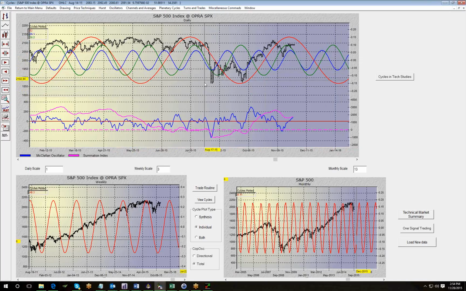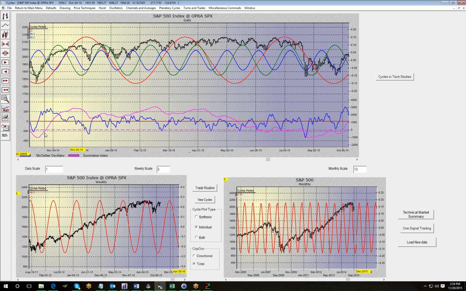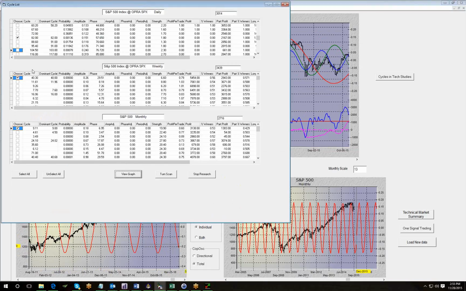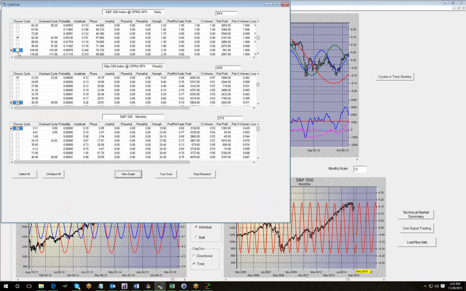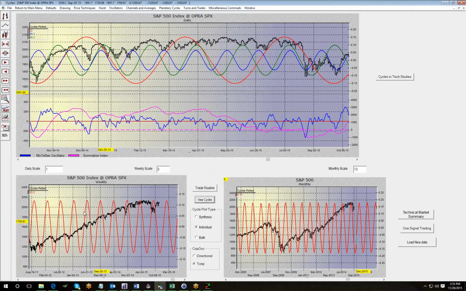You can have lows like this, and well, I'm going to show you on the weekly. This is the kind of bottoms I'm talking about, like this.